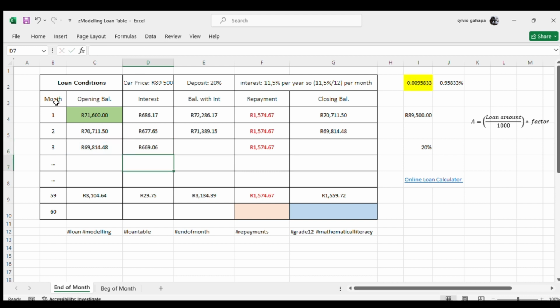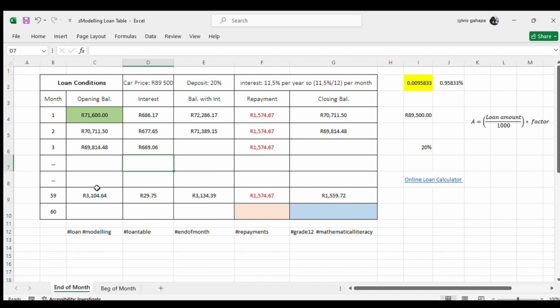But now there's also another way for people that seem not to understand, people that are using cells. Because I'm using Excel here, I can also do it manually by saying it's equal to 69,814.48 multiplied by the monthly interest rate, in this case 11.5% divided by 12.